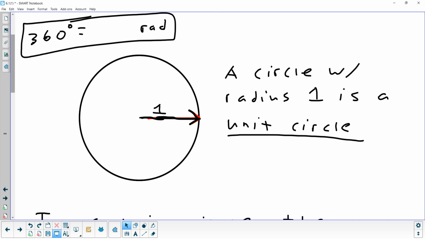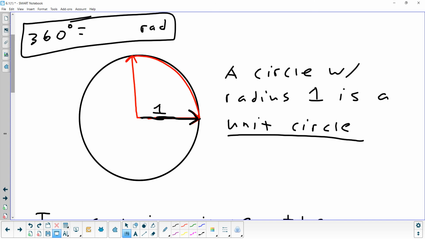All right, so let's think about a very special arc. Let's start with this. How much of the circle does that arc take up? Caleb? Quarter. That's a quarter of the circle.